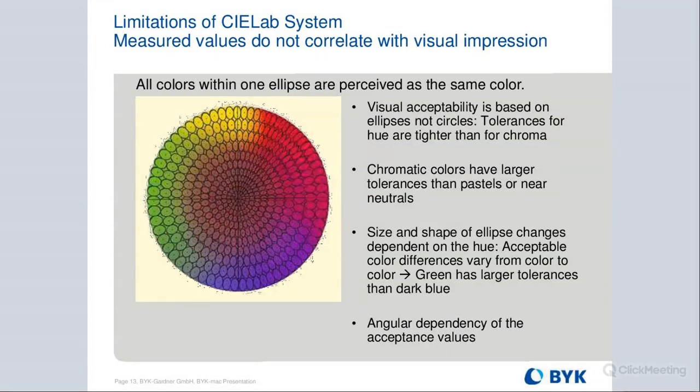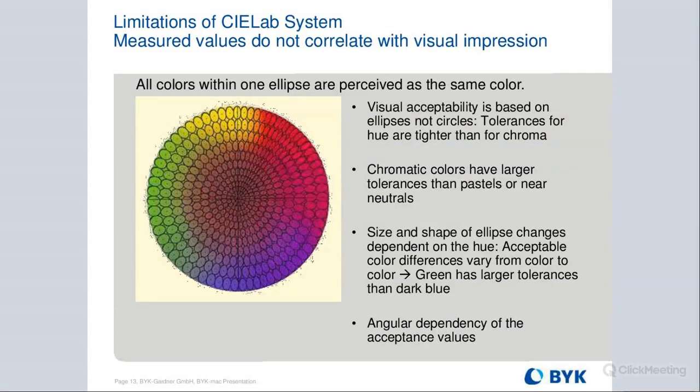What we're seeing is, as we're closer to pastel colors, very achromatic colors, our tolerances are very tight. But as we move out into these chromatic colors, our tolerances are a lot bigger, because we can't detect those differences in chromatic colors as well as we can with achromatic colors.